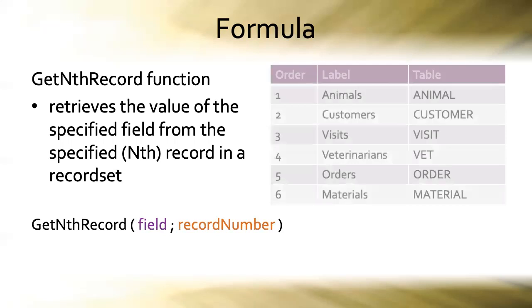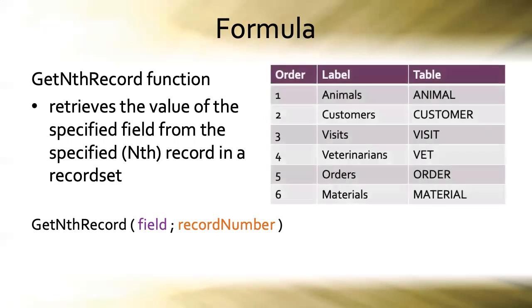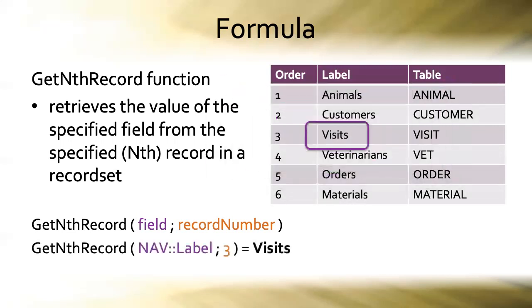Here's an example. Let's say we have a navigation table filled with these 6 records. If we were to run the GetNthRecord function and say, go and bring back the value in the label field from record number 3, it would result in visits, the value in the label field for the 3rd record.